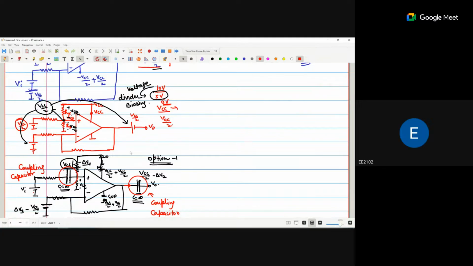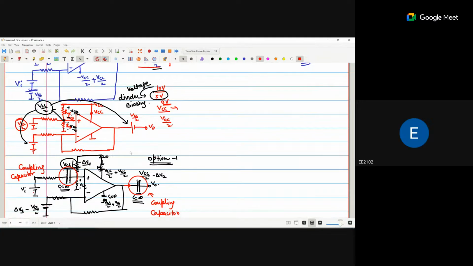So the best way is to use the capacitor. Now, how do we convert a capacitor into a battery? We use a high capacitance value. If we use a high capacitance value, ideally C is infinite.